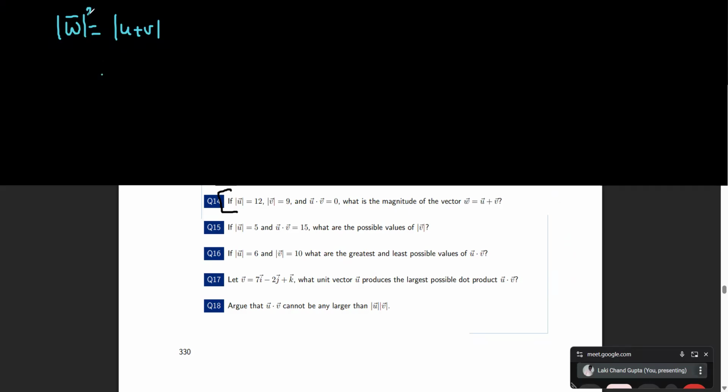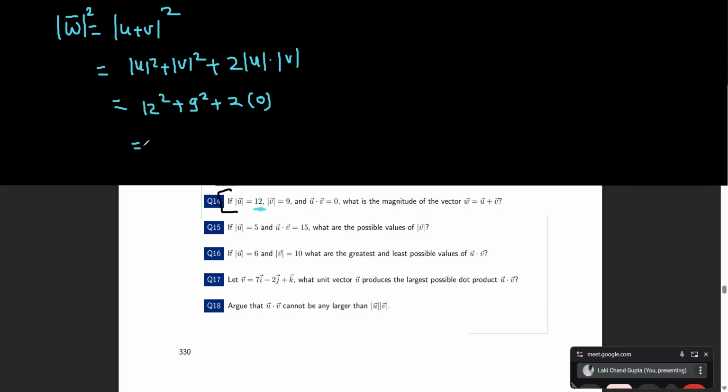Take a square on both sides. This is basically the square root of a plus b whole square, so a square plus b square plus 2ab. You know mod u is 12. So 12 square plus 9 square plus 2 into 0.